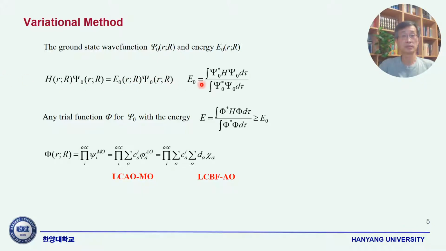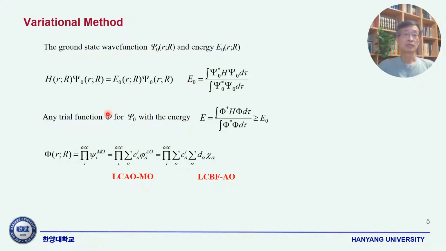The energy is presented in this form. If psi naught is not normalized, we need the overlap or normalization integral in the denominator, and the numerator looks like the matrix element of the Hamiltonian. So this is the ground state energy, the lowest energy.